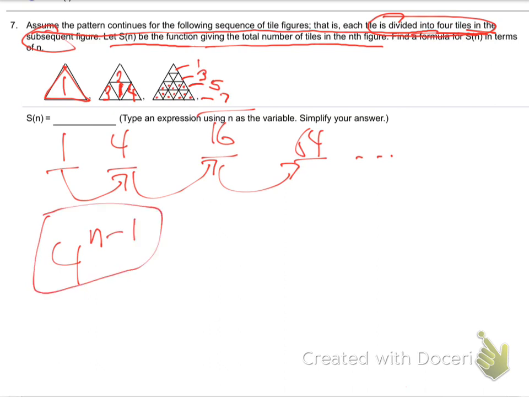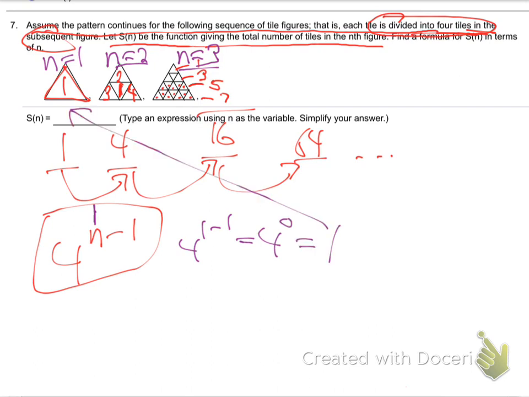Why? That's pretty tricky. It's because this is n equals 1, the first figure. This is n equals 2. This is n equals 3. When I plug in 1 here, I get 4 to the 1 minus 1, which is 4 to the 0. Anything to the 0 power is 1. That's right, 1 tile.